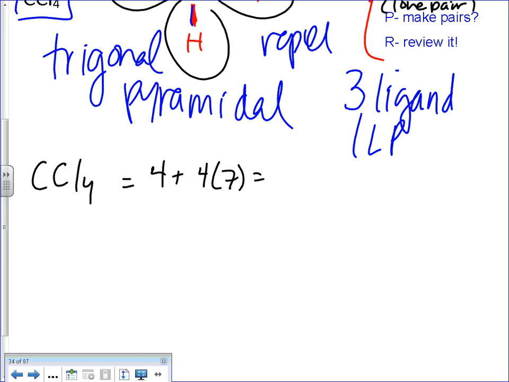How many valence electrons do you guys have? 32. 4 from carbon plus 28 total from the 4 chlorines with 7 valence electrons each. Okay. What was your next choice? Find the central, which would be who? Carbon, and then bottom up.